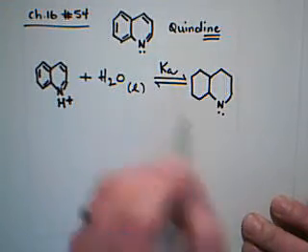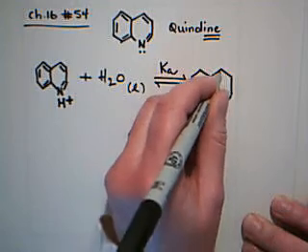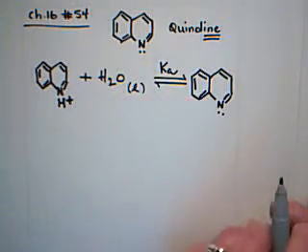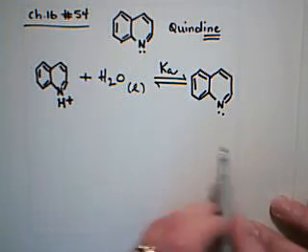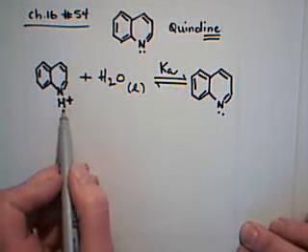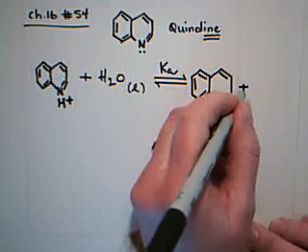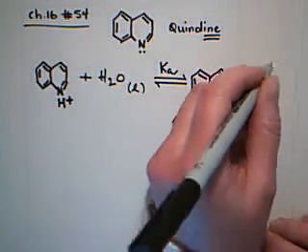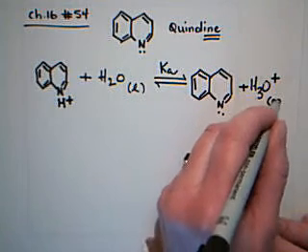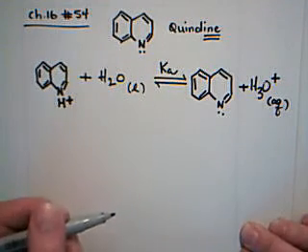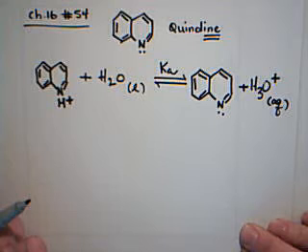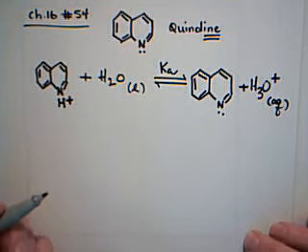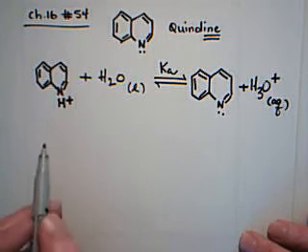And the double bonds are still all in the same spots. So I'm back to the basic form, and it gave away its proton. This is why this guy is an acid in water, because it ends up creating H3O+. So that's the answer. And it also asks, what is the pKb for quinoline?